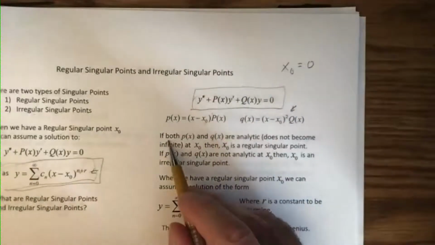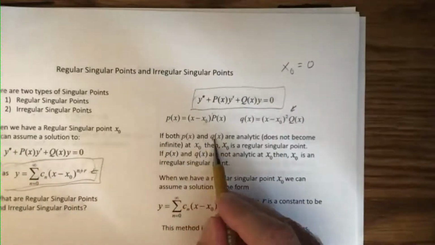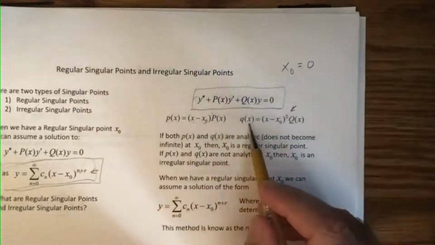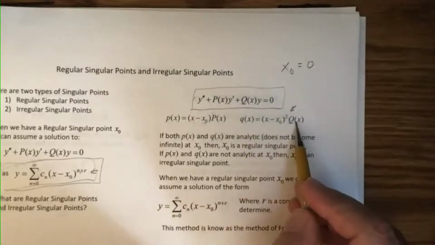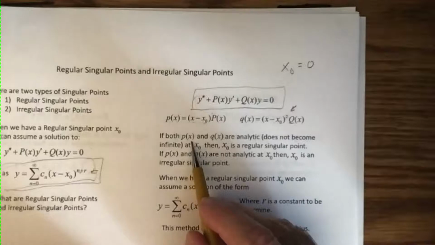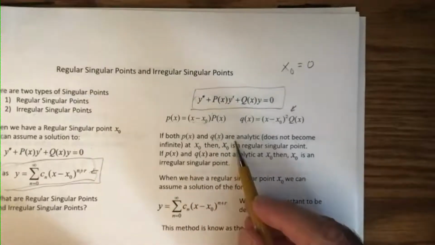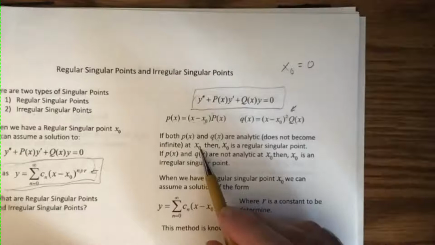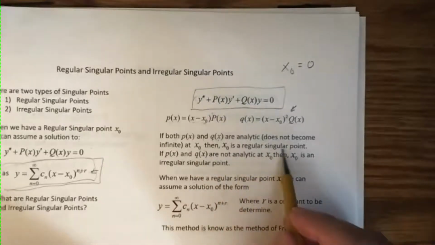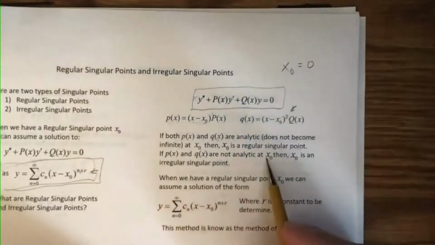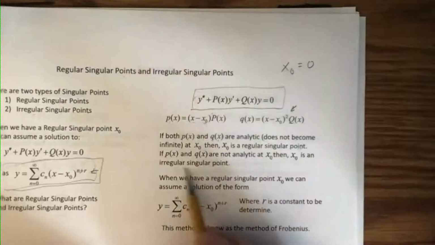Little p, we're just multiplying by x minus x0 times big P, and little q, we're multiplying x minus x0 squared times big Q. If both the little p and the little q, lowercase, are analytic, do not become infinite, then x0 is what we call a regular singular point. If they are not analytic at x0, then x0 is an irregular singular point.